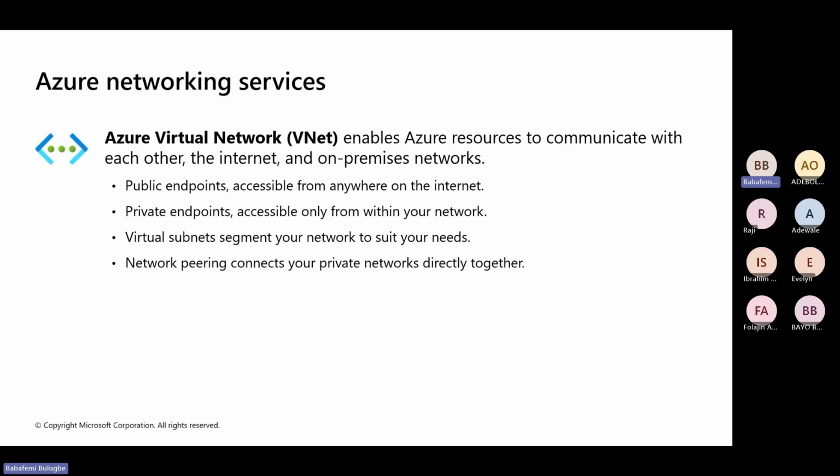What VNet peering does is merge the communication of two networks together. It allows two networks to communicate with each other, and that's what we call VNet peering.